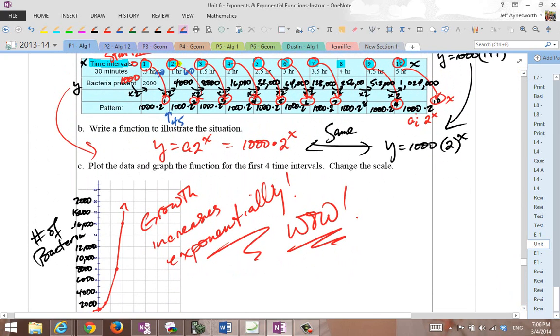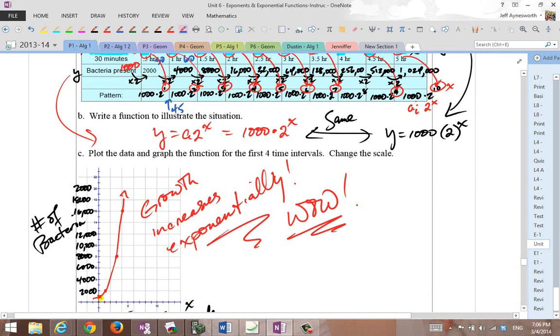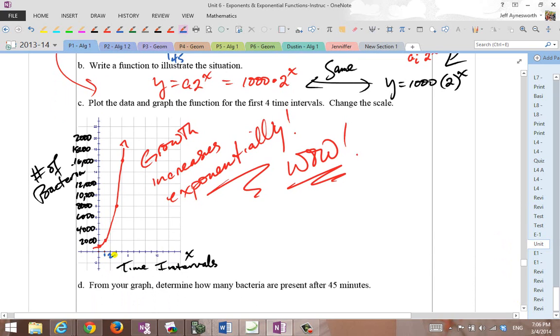So let's use the graph here. Here's 1, and this is obviously 2, so here's 1.5. After 1.5 intervals, what you do is go up to the graph, go across, and read the value there.